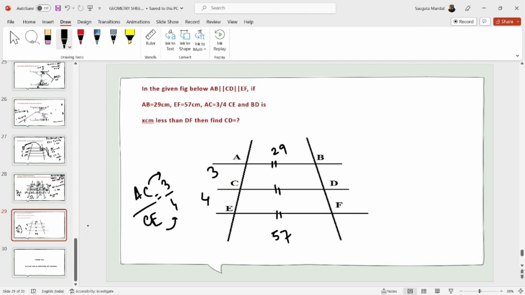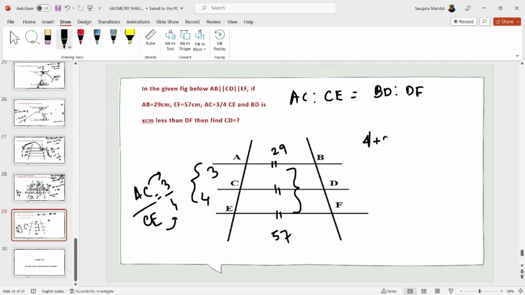So we know that the ratio of AC to CE is equal to the ratio of BD to DF. The distance of this value is equal to the distance of this value.